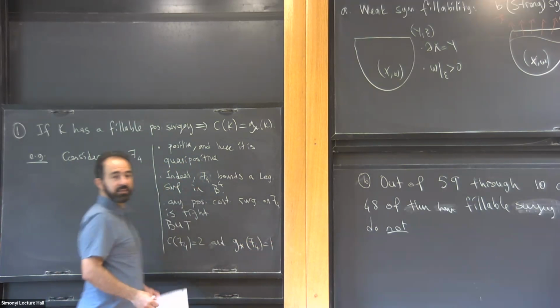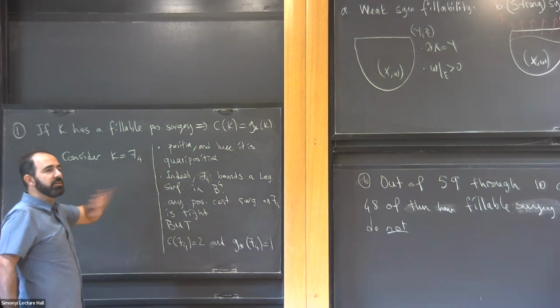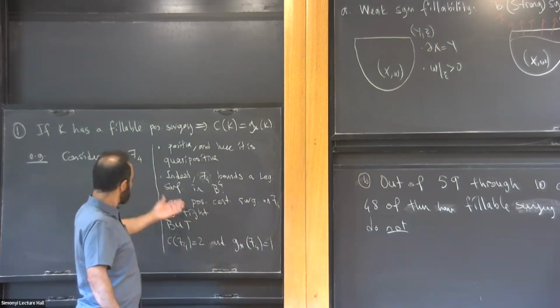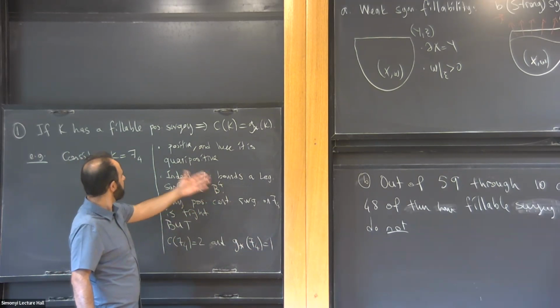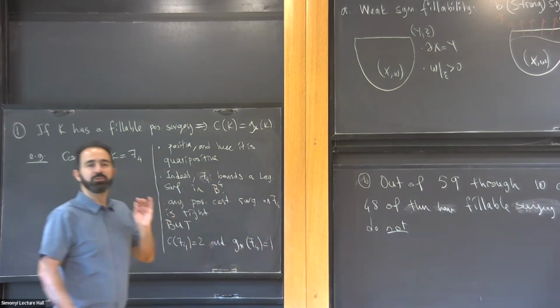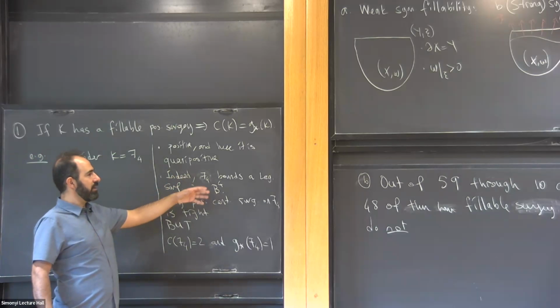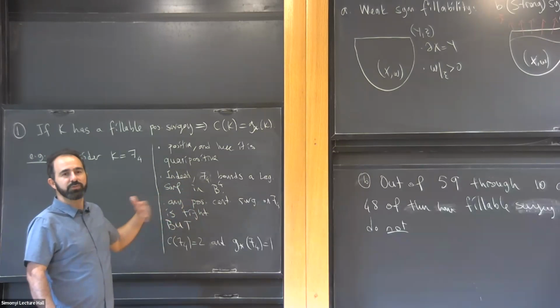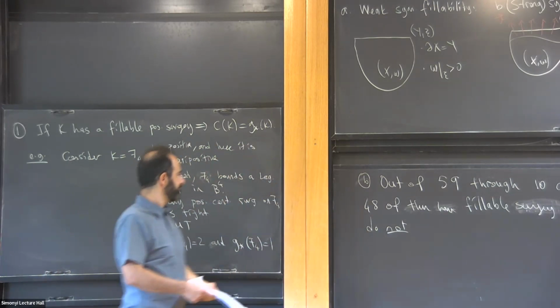That says that there is no fillable positive surgery on this knot, no matter which surgery you choose. There are the right contact structures, there are tight structures, and it bounds the right kind of symplectic and Lagrangian objects inside the four-ball, but not good enough. If you try to look at a possible symplectic surface, you cannot realize an immersed one with only positive double points. You cannot.